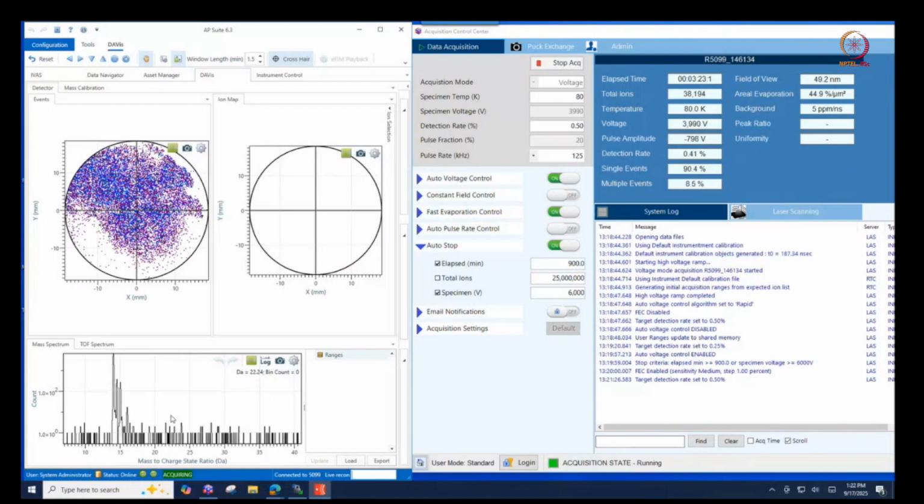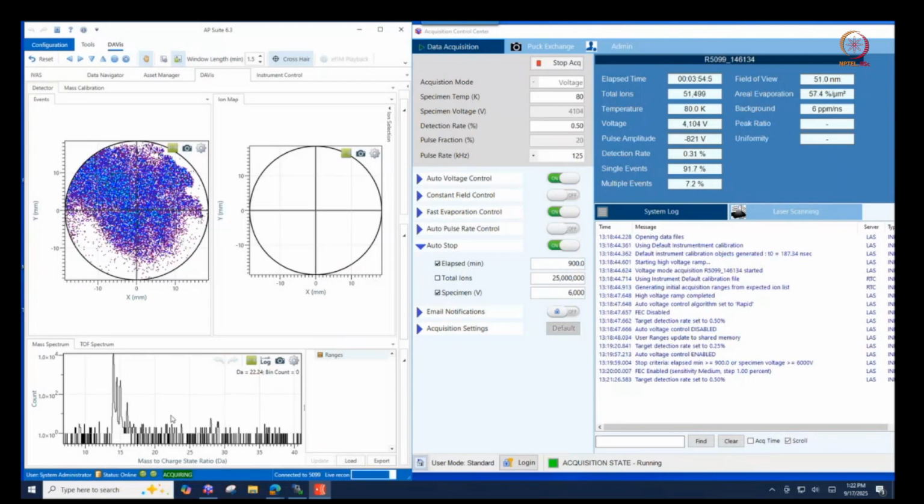Now you can see just beside the acquisition parameters, there is a blue window in which you can see single events, multiple events, and background. The typical background we are getting at 20% pulse fraction is around 7 ppm per nanosecond, which is quite high. Single events acquired are 91%, and multiple events are 8.2%.